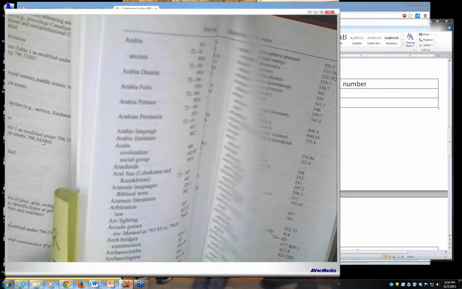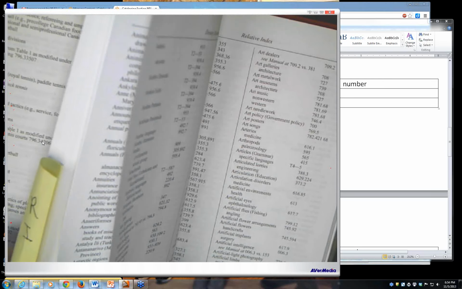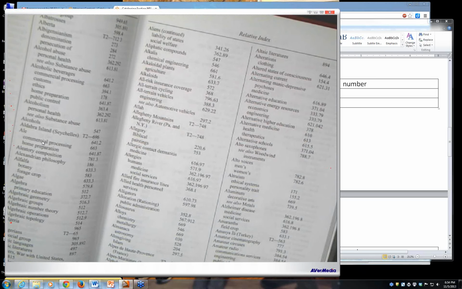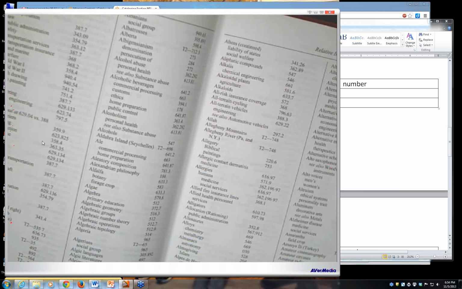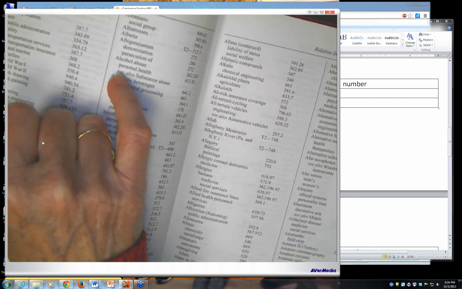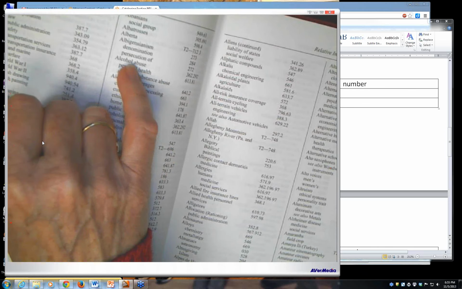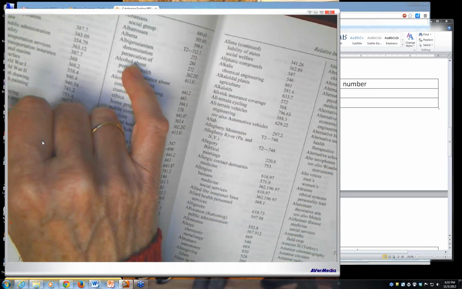All right, let's go back to the A's. And we find in the relative index alcohol abuse, personal health, substance abuse. Well, this is treatment of alcohol abuse.